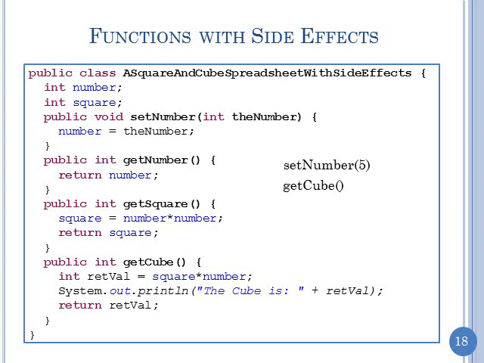I say get cube, what value will it return? 0. What was number initialized to? 0. I didn't declare it, I just said int number, but that means the default value is 0. And get cube is just going to say 5 multiplied by 0. Okay, I didn't get the right value.